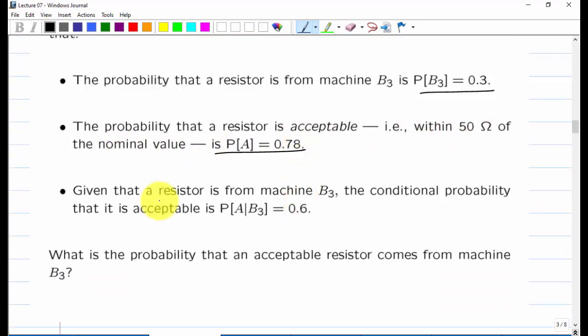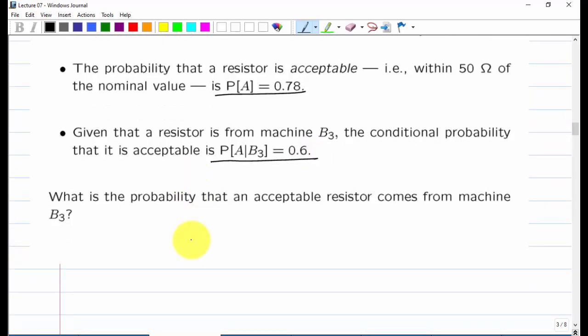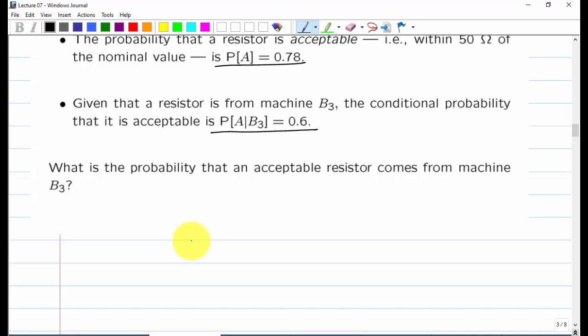Given that the resistor is from machine B3, the conditional probability that it is acceptable is probability of A given B3, which was given in the previous example. Now what we want to calculate is the probability that an acceptable resistor comes from machine B3.